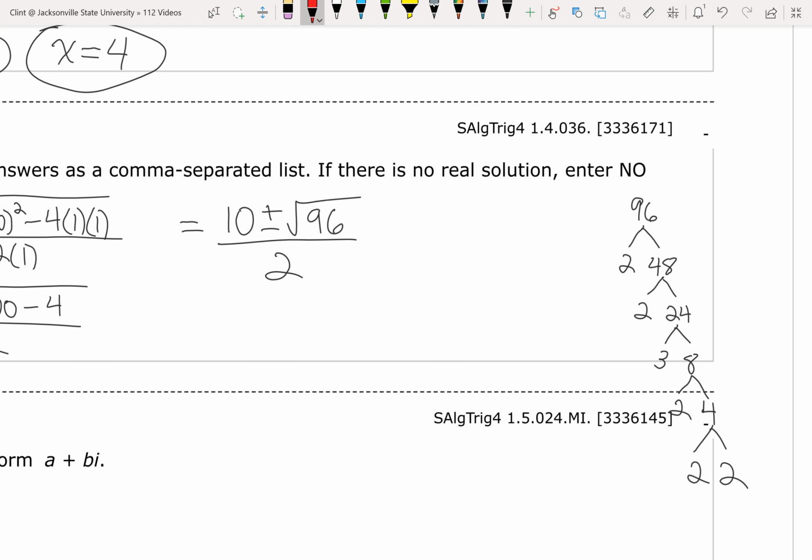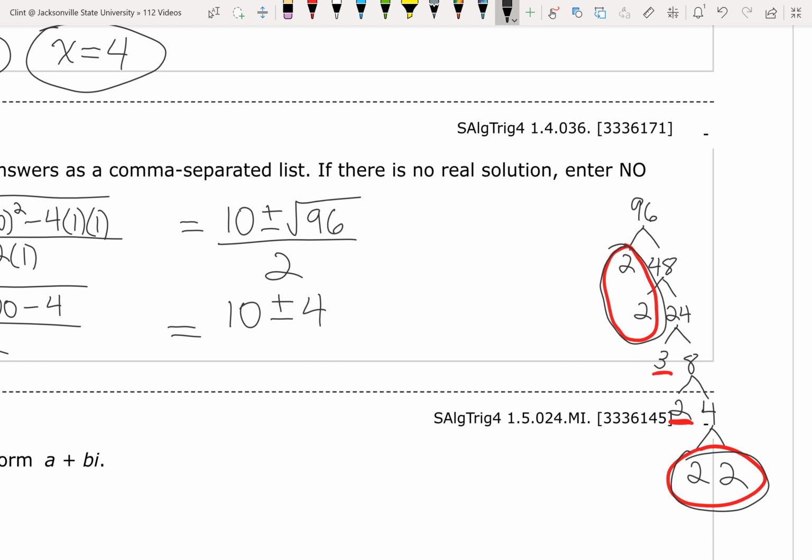Here's 2 2's, and here are 2 more 2's. What do we have left? We've got 3 times 2. So if we're simplifying our radical here, what do we bring out? We're going to bring out the 2 because of this, and another 2 because of that. So that means we're bringing out a 4, 2 times 2. And then what's left? We've got 2 times 3, so that's square root of 6 over 2.